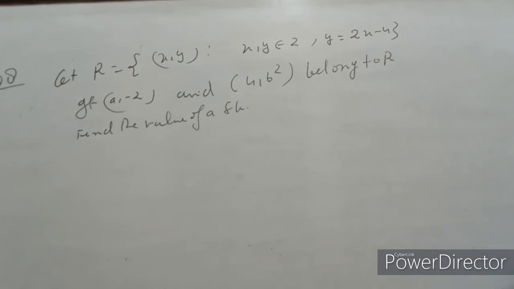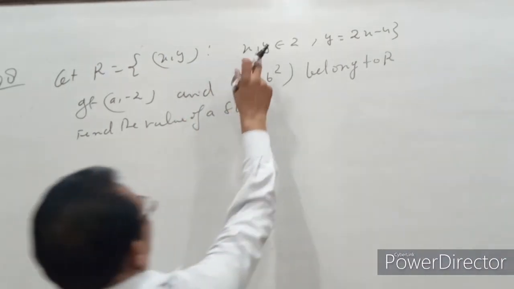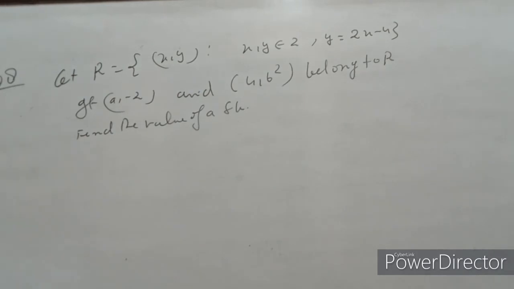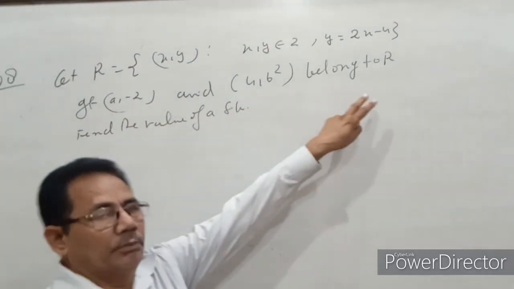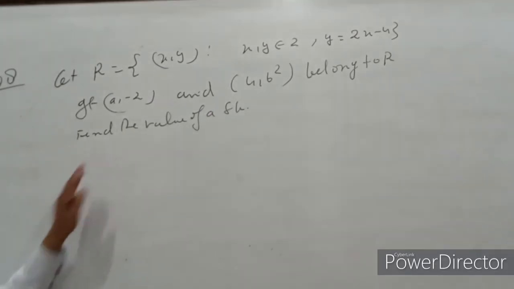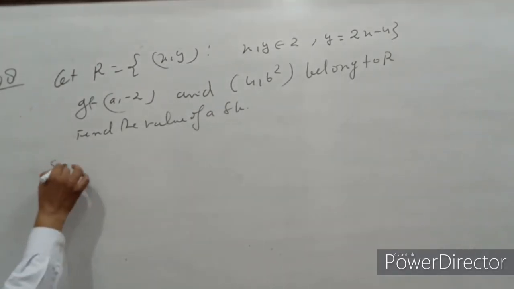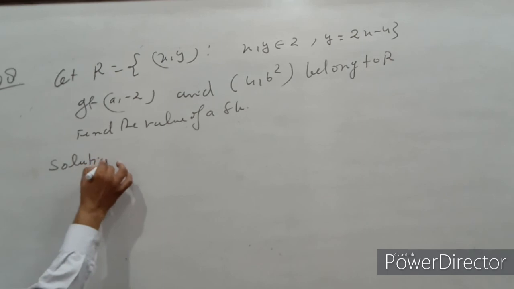Let R be a relation given as: if the ordered pairs (a, -2) and (4, b²) belong to R, then find the values of a and b. Solution.